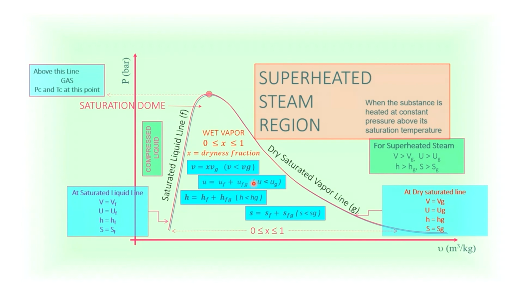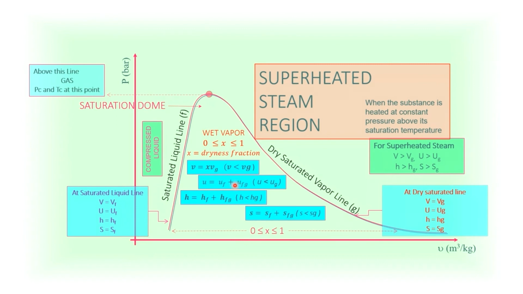Any volume, internal energy, entropy, or enthalpy that is given, which is less than the G value when you refer to the table, is always categorized as a mixture of liquid and vapor, or wet vapor. At this moment, what you need to do is find out the dryness fraction.